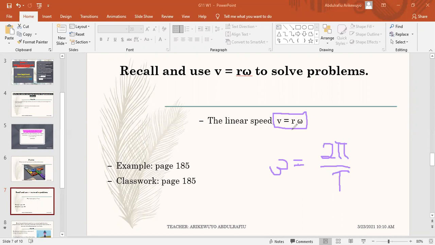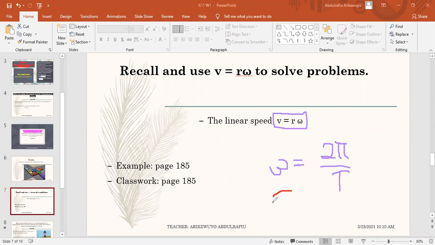What do you think the r is? Mira, what is r?